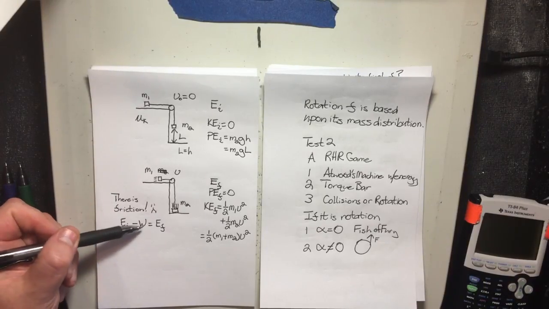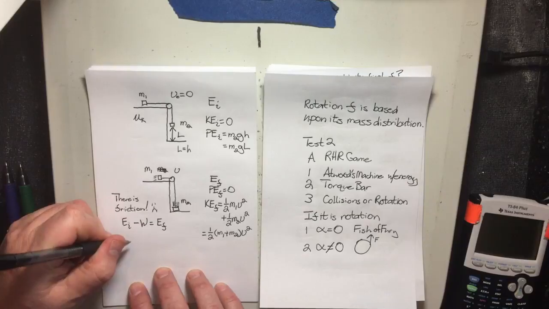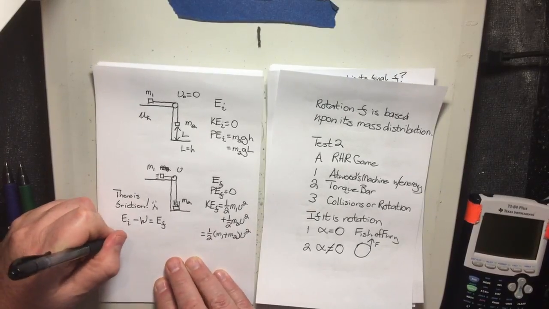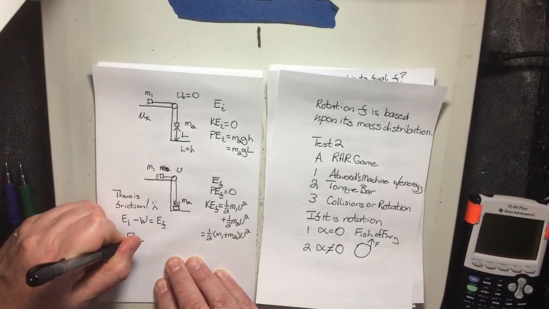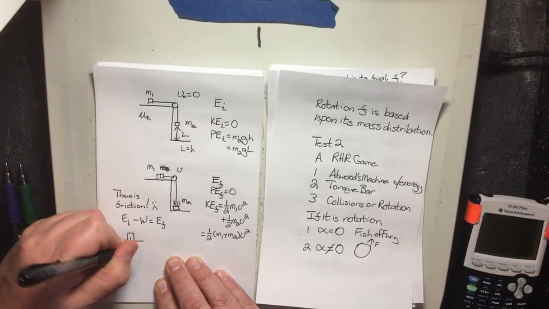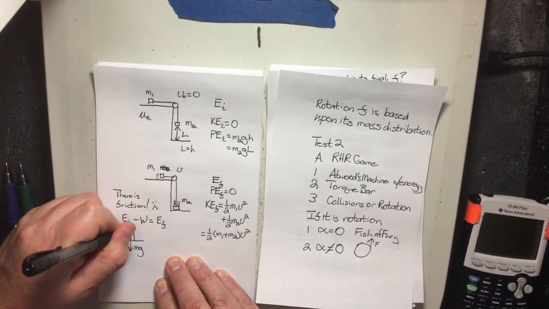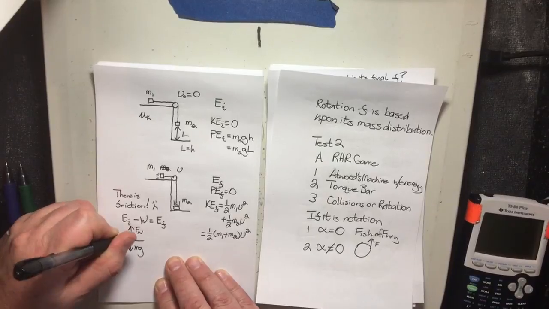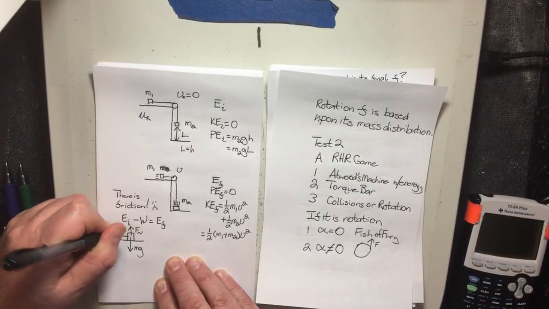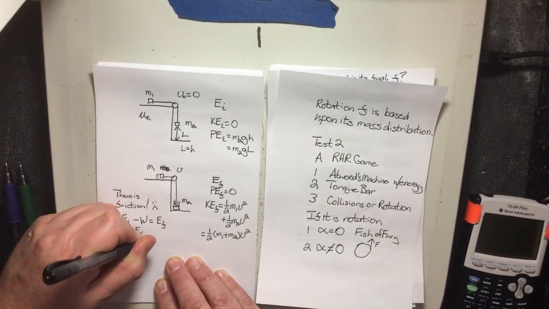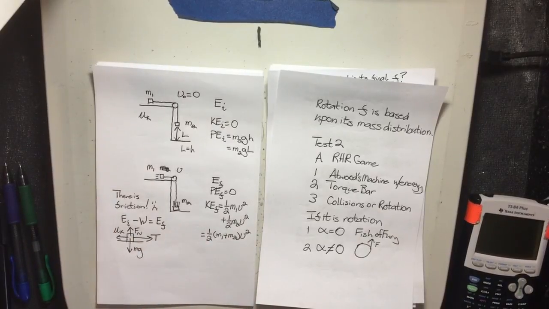Now we've got this work thing over here. It's basically a block that's being pulled: mg down, normal force up, mu sub k friction to the left, the tension to the right. But all I'm interested in is the energy removed by friction.